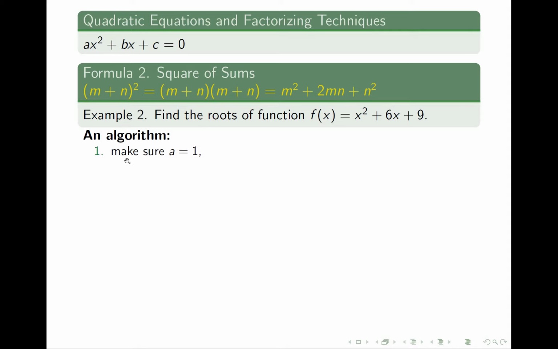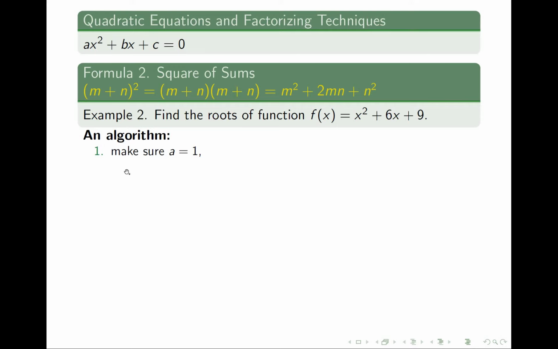In the first step, we would like to make sure a equals 1. Here we can see we have just x squared, so it means that a equals 1.